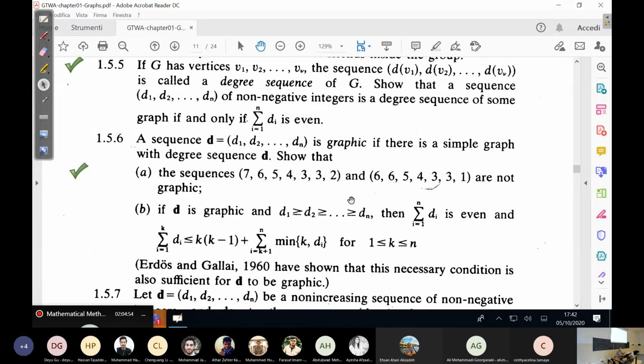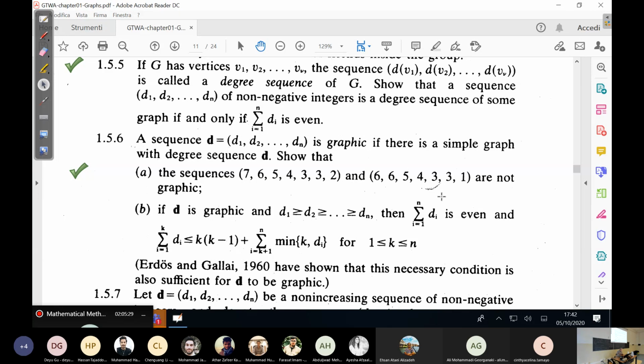Here you see, and the last time it was proved by some of you, that it is not possible to find a simple graph with these degrees for the vertices, and also none with these degrees, even if this sum is even and this sum is even. So we all agree about this.